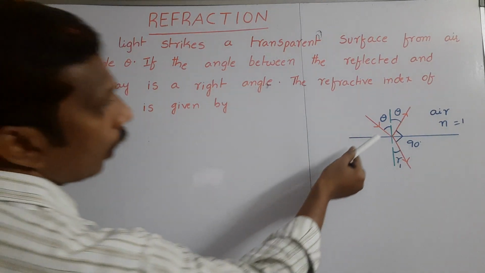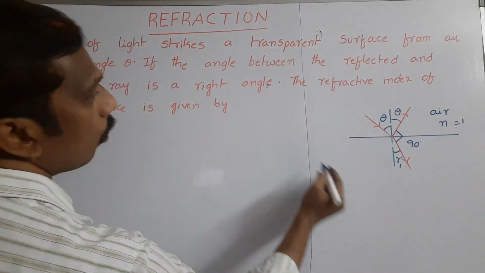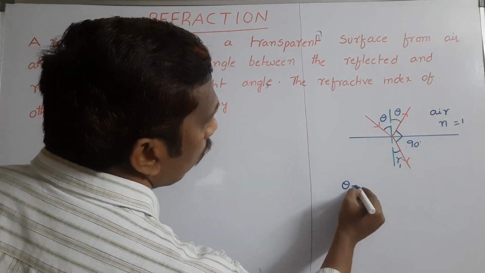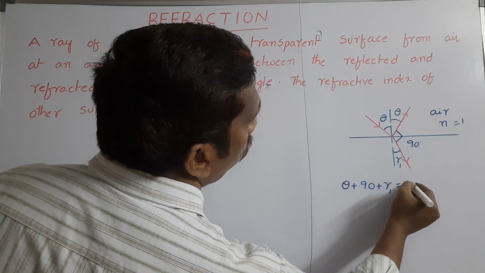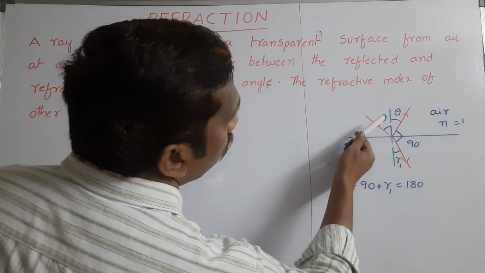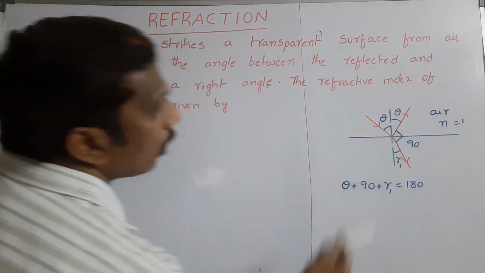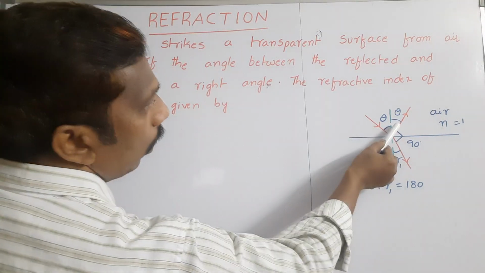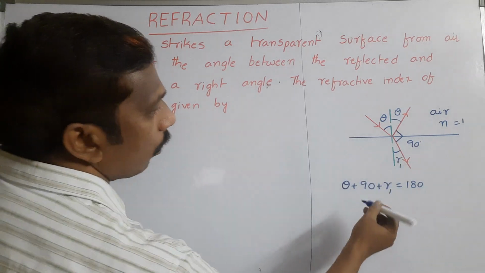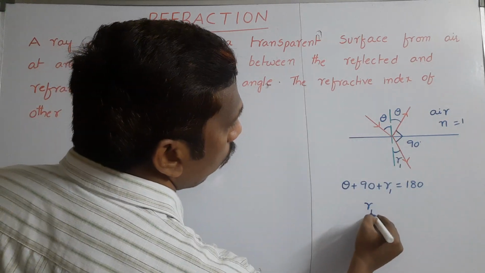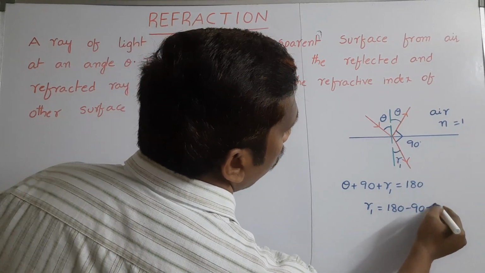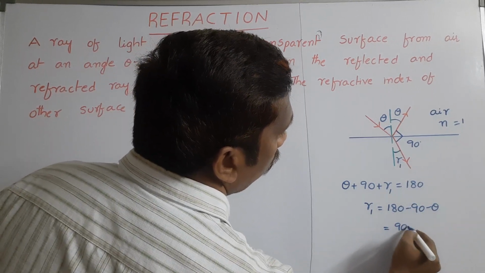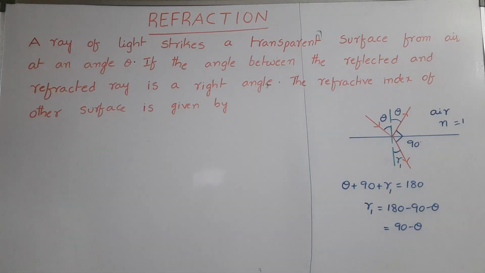If you observe here, the sum of these three angles, that means theta plus 90 plus R1, is equal to 180 degrees, because the normal is a straight line. So R1 is equal to 180 minus 90 minus theta, which is equal to 90 minus theta. We got the angle of refraction.